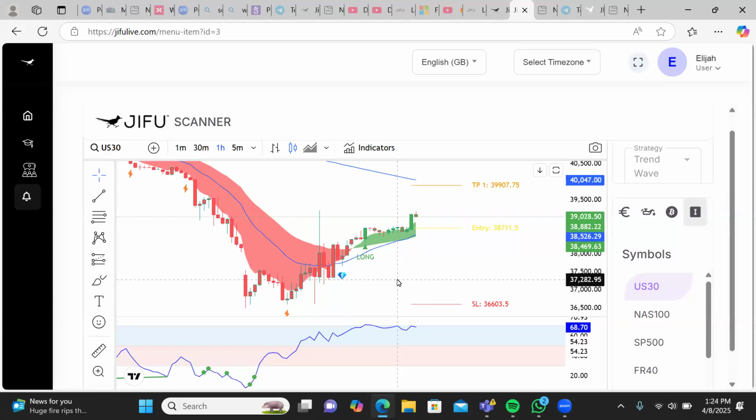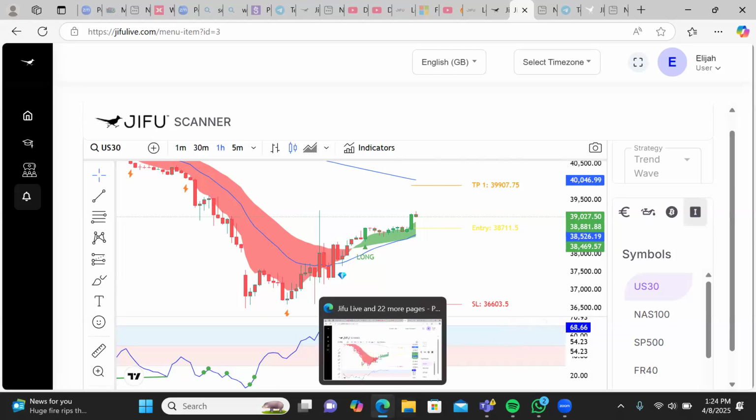Trend Wave already gave us our parameters, but sometimes you're skeptical and wonder, should I take this trade? Are you sure? So to give you that 100% certainty, we'll take the confirmations to Kill Shot. So let's go to Kill Shot.